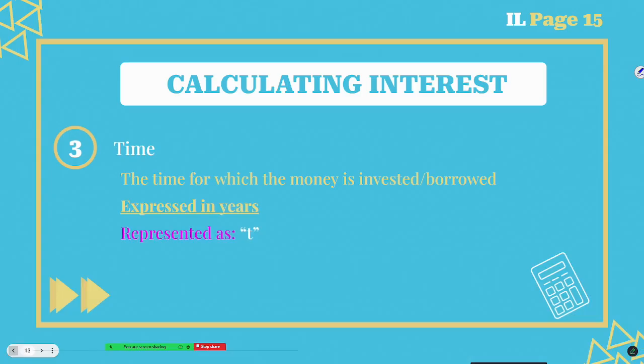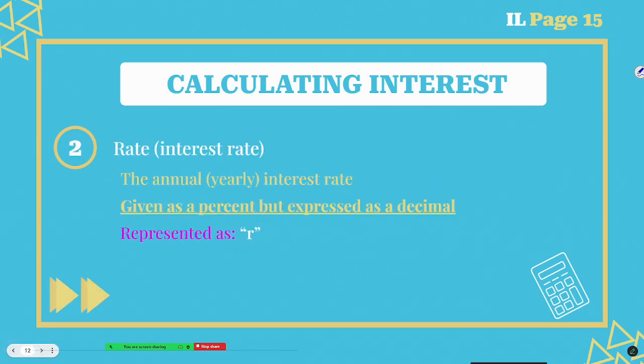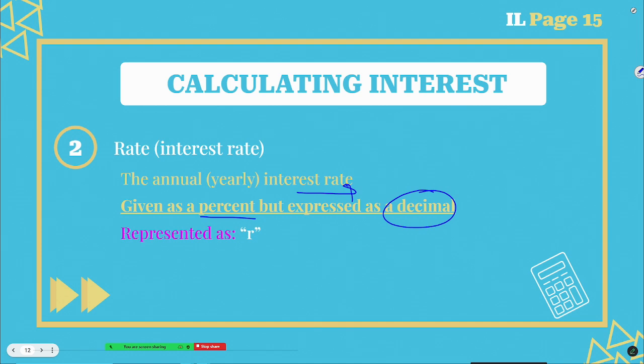Because if we go back to our slide, rate must be expressed as a decimal.